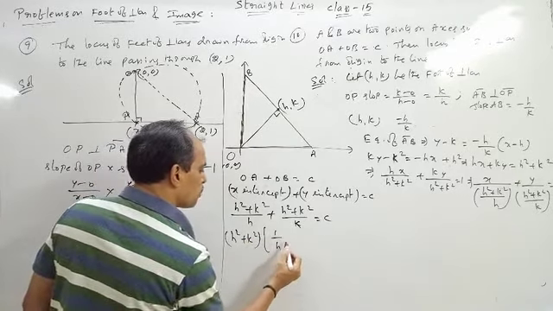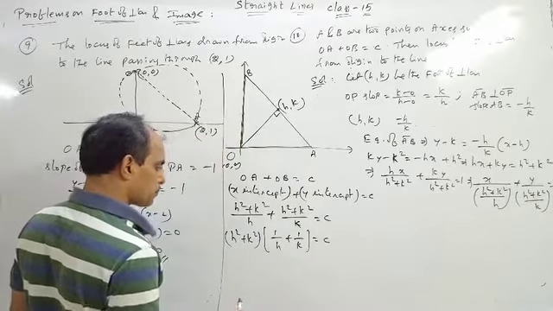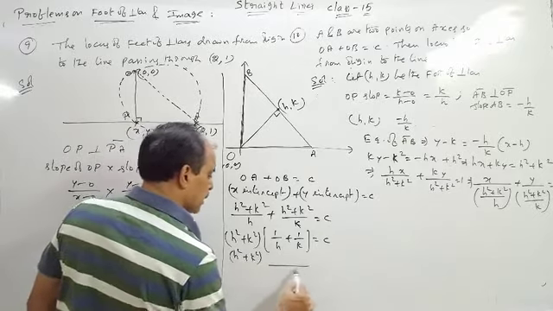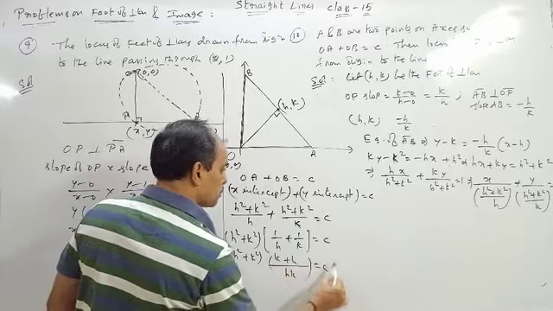So we have 1 by h plus 1 by k is equal to C. Now the LCM of h and k is hk, so k plus h over hk.